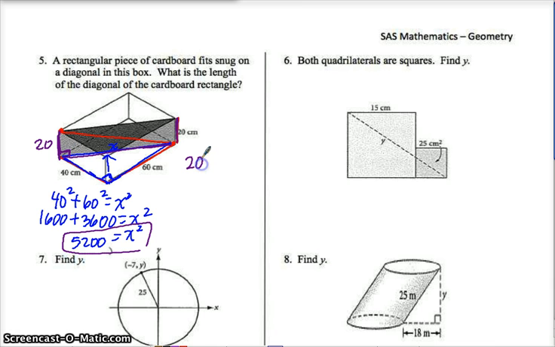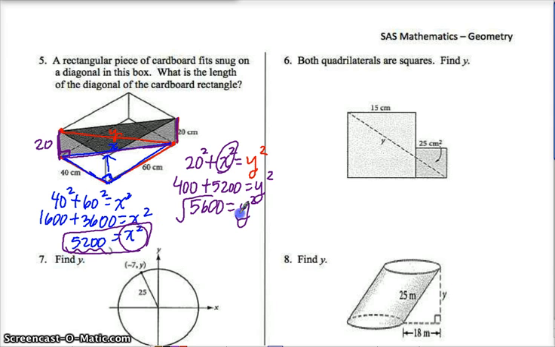So now I have 20 squared plus x squared equals the actual answer we're trying to find, which I'll call y, equals y squared. Well, 20 squared is 400, x squared is just 5200. That's why I didn't take the square root before, because I knew I was going to square it anyway. So 400 plus 5200 is 5600.